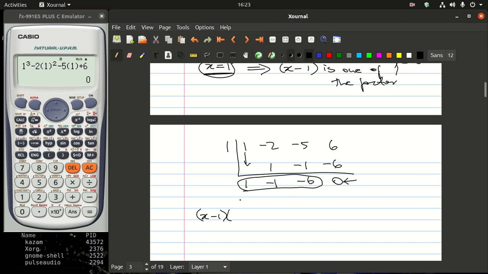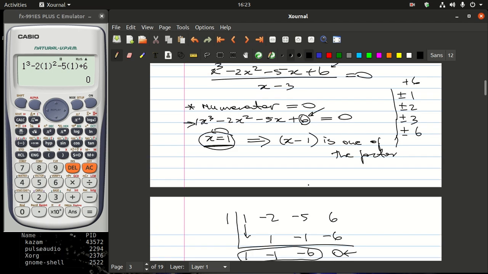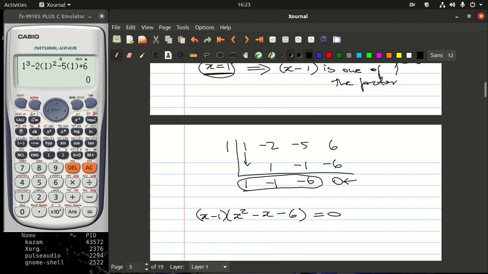So this is going to be 1x squared minus 1x minus 6 equal to 0. Now, we have 3 terms. Remember that if we divide this by that, the order of the polynomial is supposed to reduce by 1. So if we start at 2, we end up with this 6 being a constant. This is how you end up factorizing this.